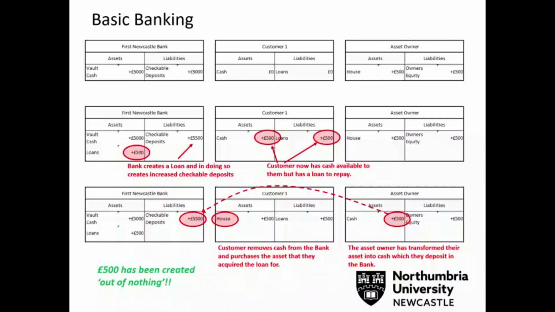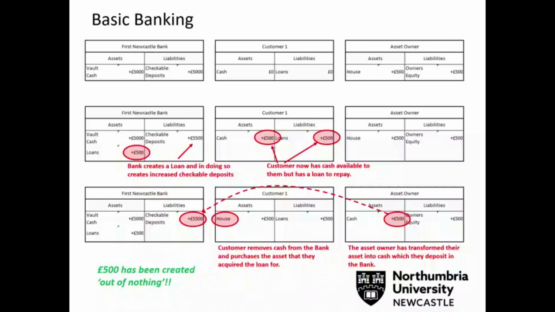But if we look at the bottom now, what's really happened here is that the customer buys the property, so the £500 cash goes to the asset owner, but the asset owner is potentially also a customer of the bank, so that £500 cash went from customer one to the asset owner, and therefore that £500 cash is now deposited with our bank, so our bank went from 5,000 up to 5,500 on the liability side.